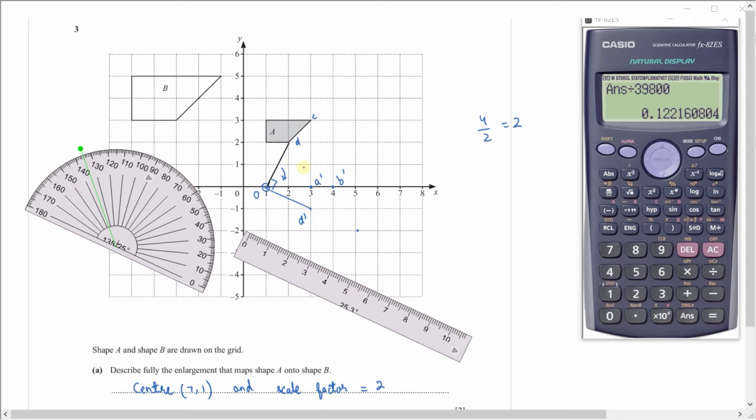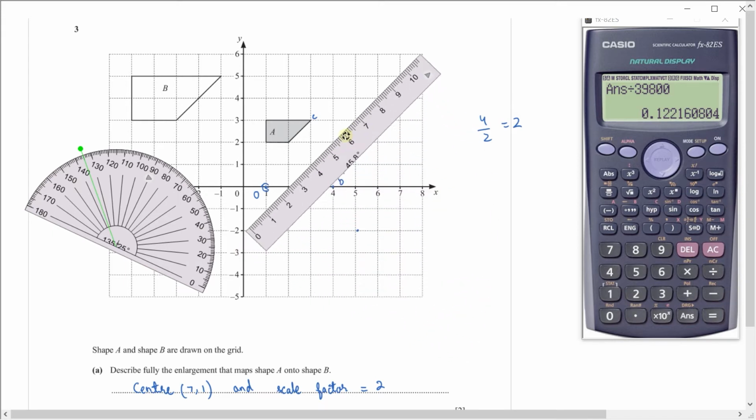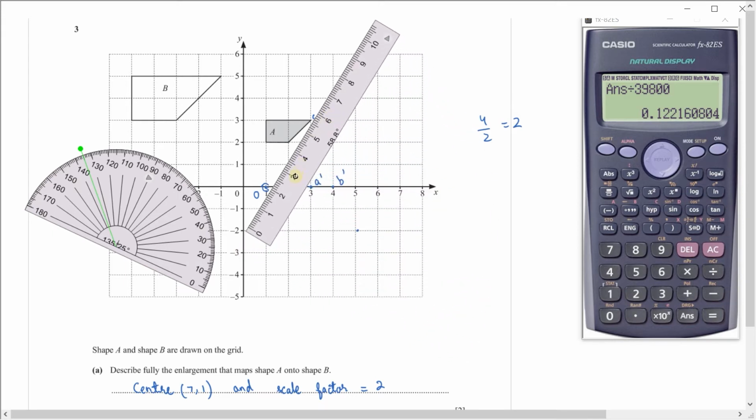And then we will do the same with C prime as well. So let me just erase this and do the same procedure for C as well. So I will connect my point C again with the center of rotation here.